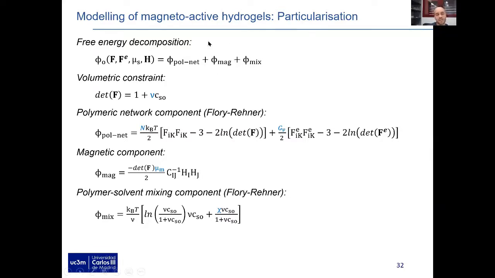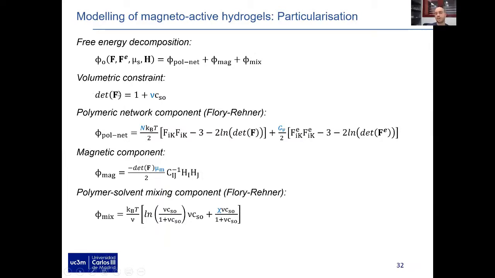Then a magnetic component. In this case, we say, okay, let's try just the most simple approach, a linear model. And then the last term is related to polymer-solvent mixing components. Basically, we're seeing here the energy potential associated with the interaction between the polymeric network and the solvent. And just to complete the framework, we impose this volumetric constraint.